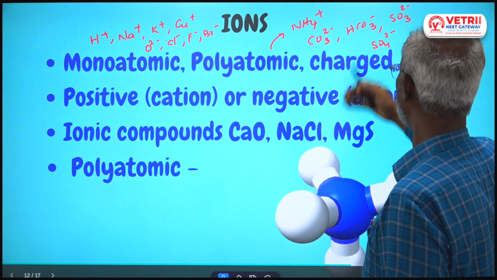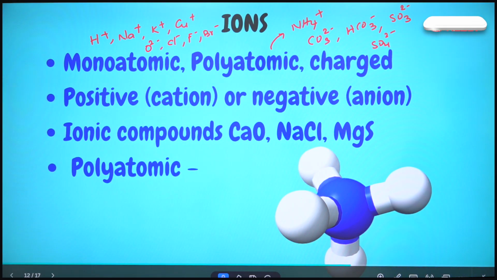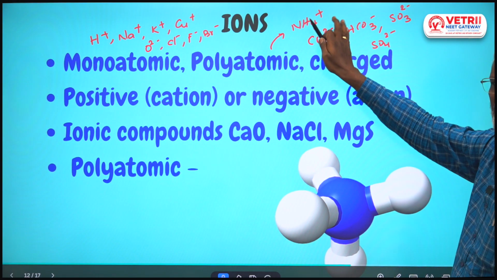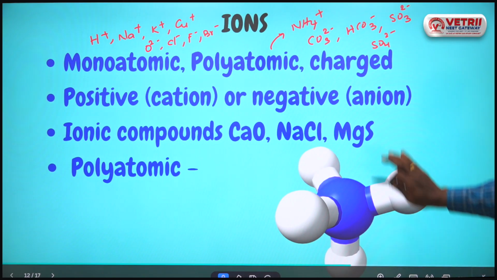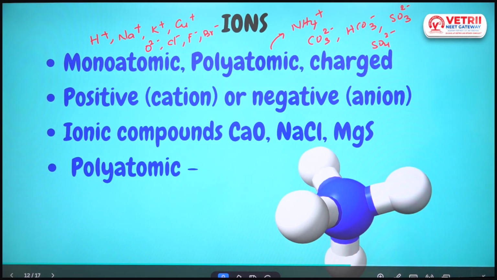Polyatomic means there is more than one atom in that ion. So a polyatomic cation has more than one atom in a positive ion.